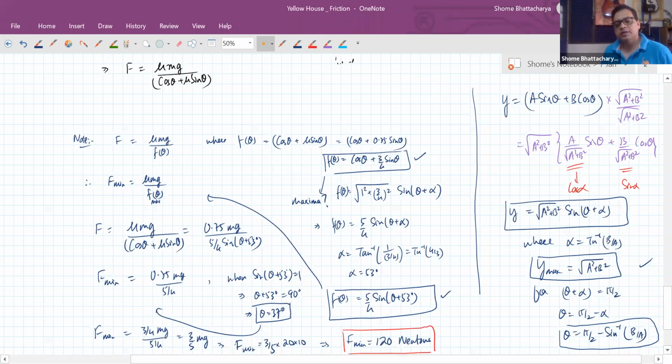It has to be applied at theta equal to 37 degrees with respect to the horizontal.